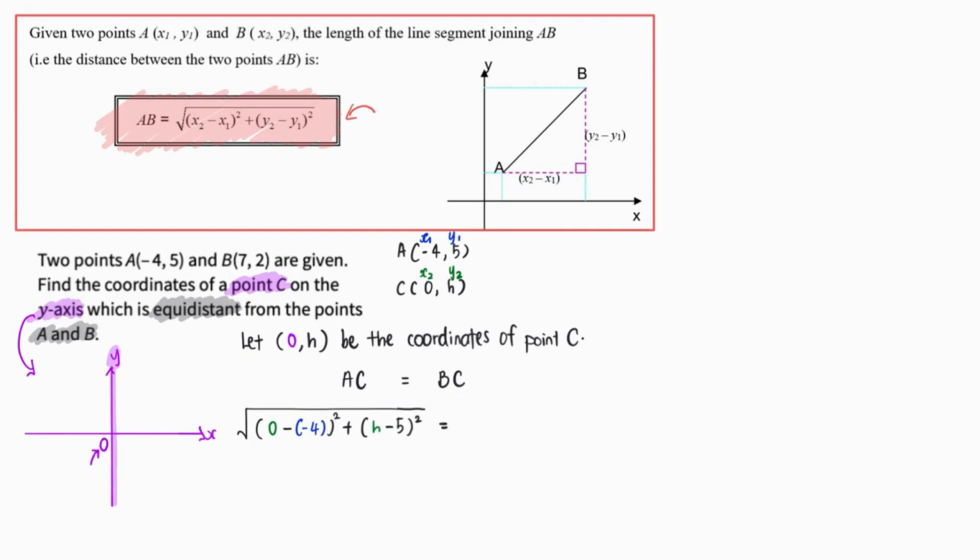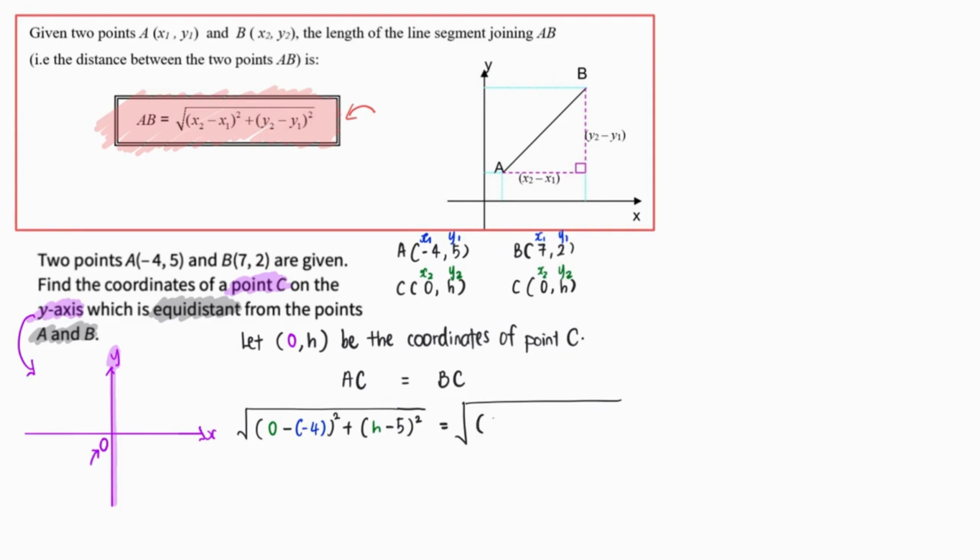For my BC, again, I would like to just make sure that I don't make careless mistakes. This will be my x1, y1, this will be my x2, y2, and that's where I'm going to apply the formula again.